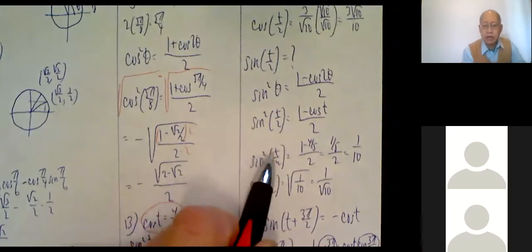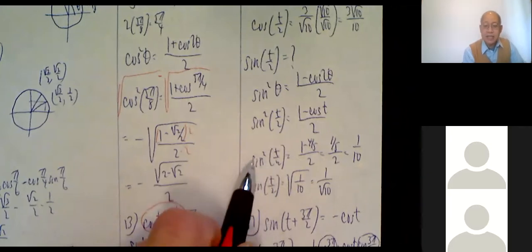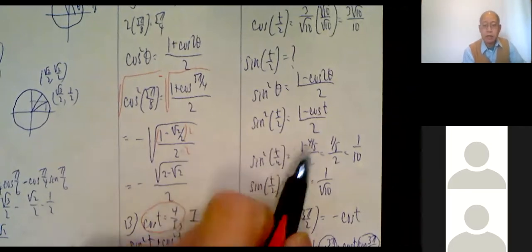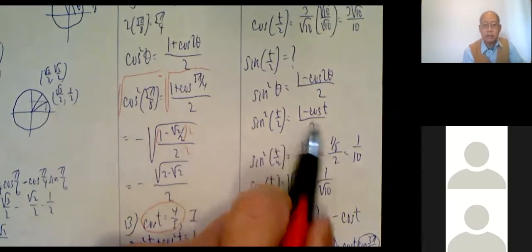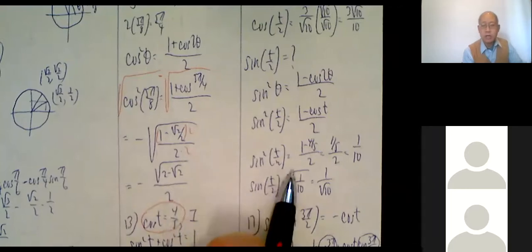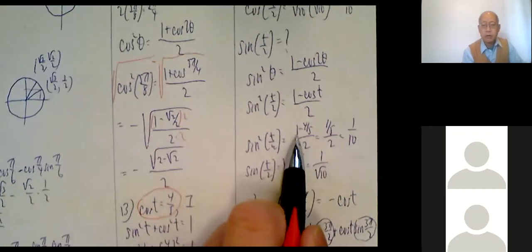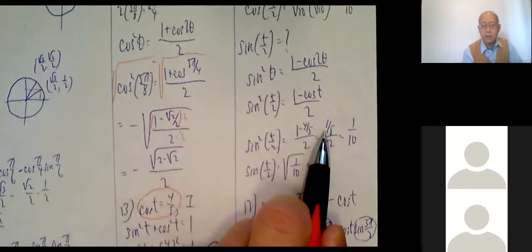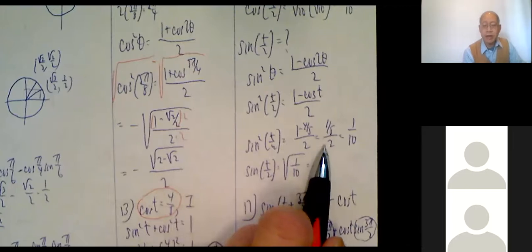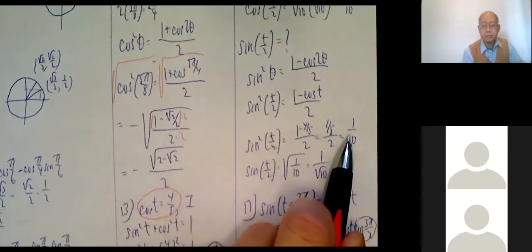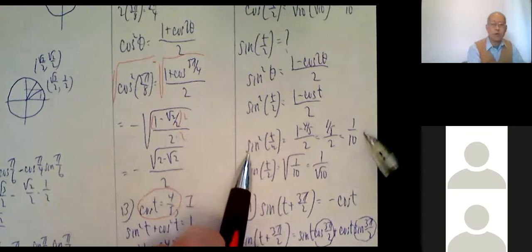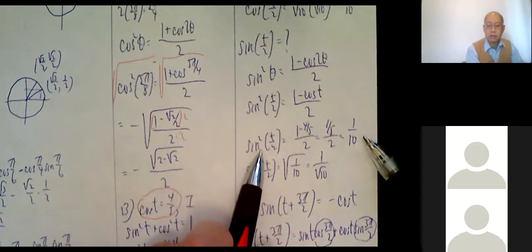So sine squared of t over 2. Again, that's sine squared. I have to do the square root later. 1 minus cosine of t, 4/5, divided by 2. 1 minus 4/5 is 1/5. Divide that by 2, or multiply by a half, or slide the 5 down with the 2, 1/10. So sine squared of t over 2 is 1/10.